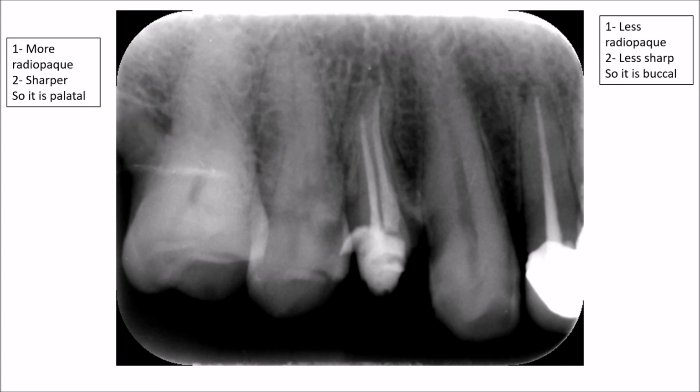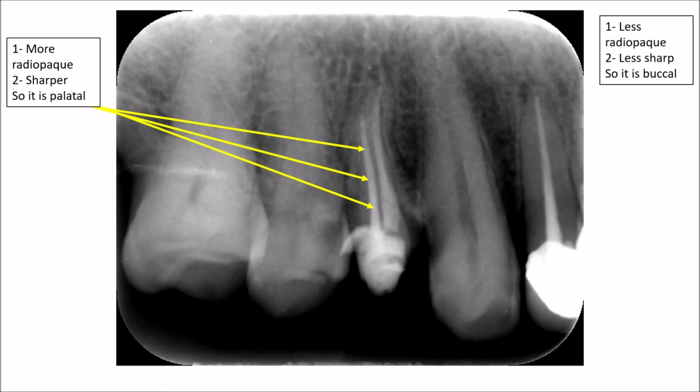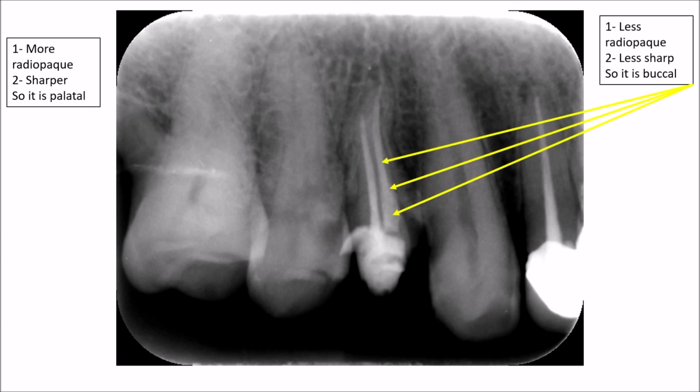While the one which shows the gutta-percha filling of less radiopacity than the one just next to it, which is our reference here, is located away from the film, so it is in a buccal position.